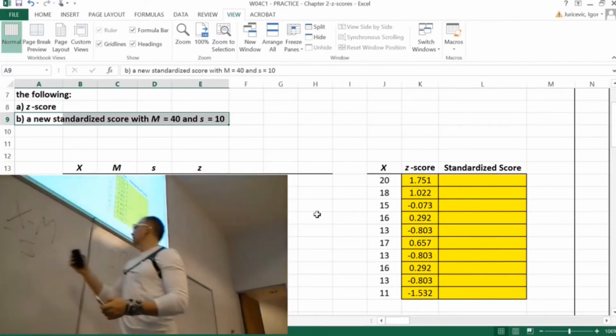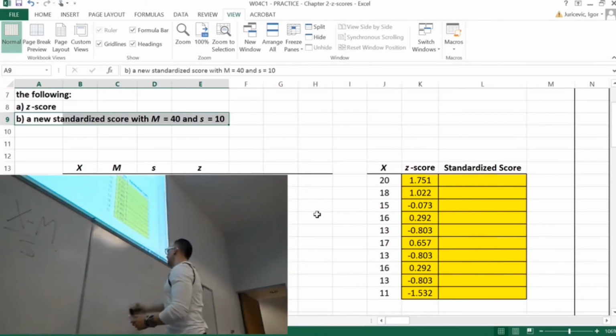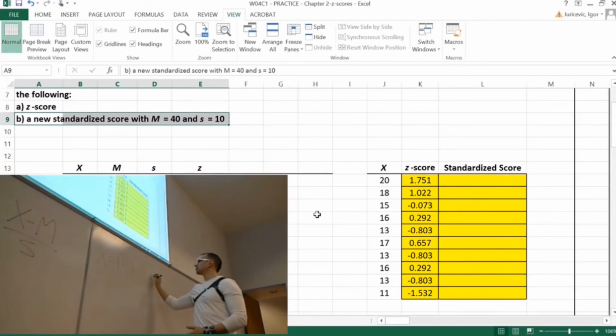The formula we're going to use is the one that we use to get a raw score from a z-score: raw score equals mean plus your z-score multiplied by your standard deviation.